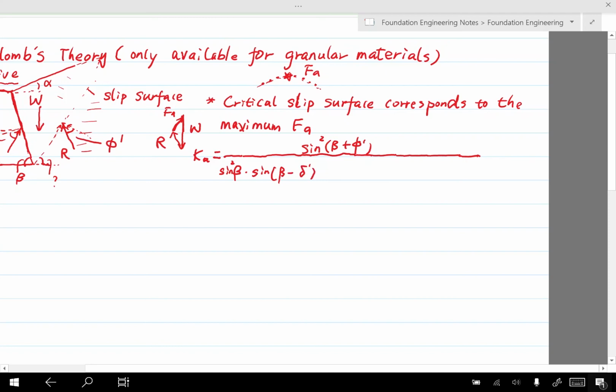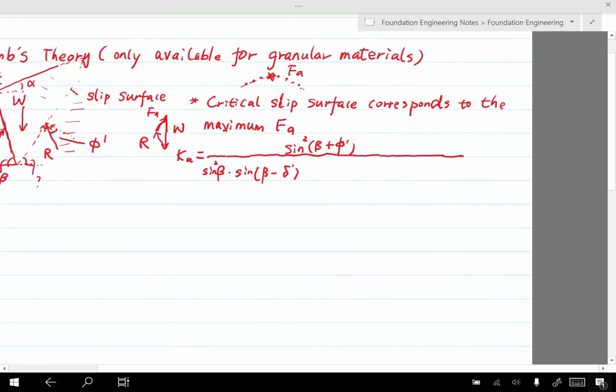Delta prime is the friction angle between the back of the wall and the soil in contact with it. And there's another term in the denominator. We put all of them into a pair of brackets.